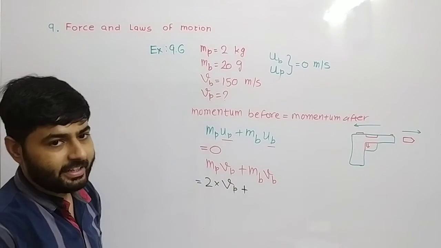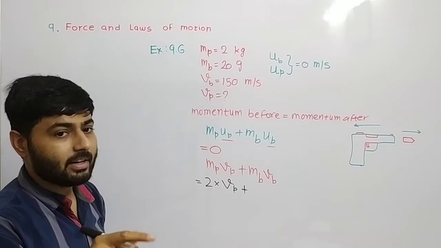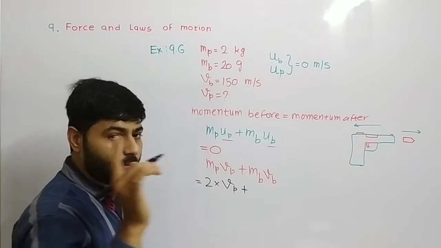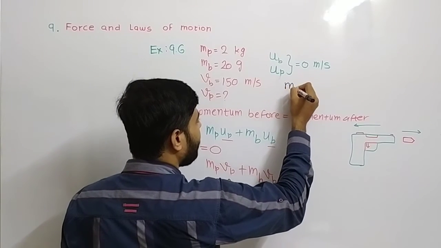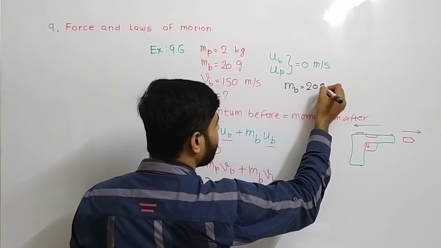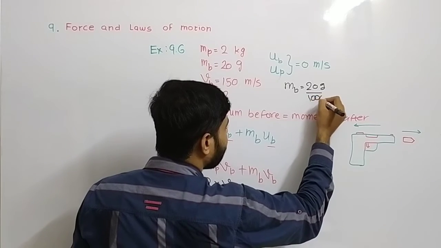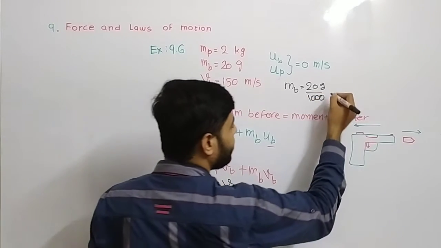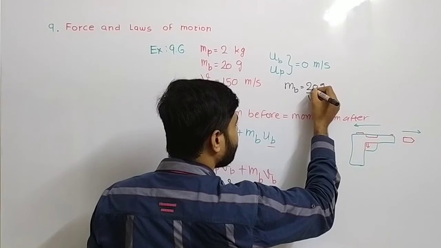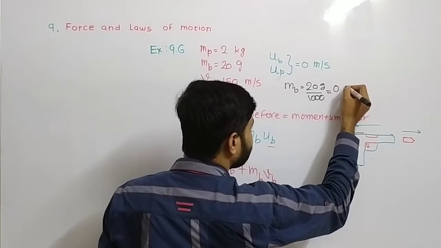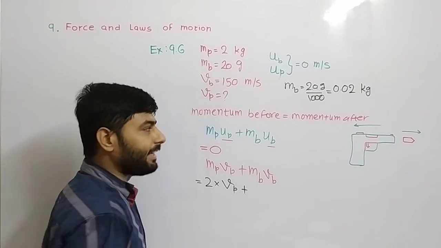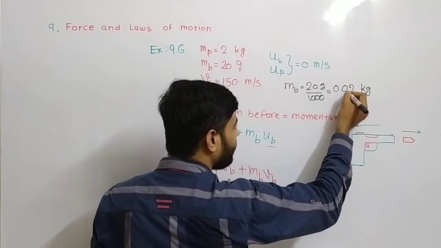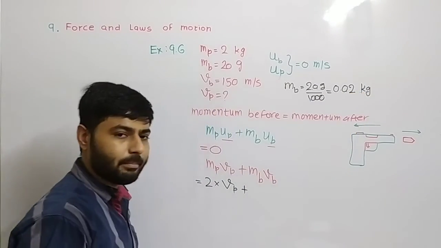MB is 20 gram, but I have to convert this gram into the SI unit, kilogram. So MB is equal to 20 gram divided by 1000, so I shift the decimal point three places, that is 0.02 kg.